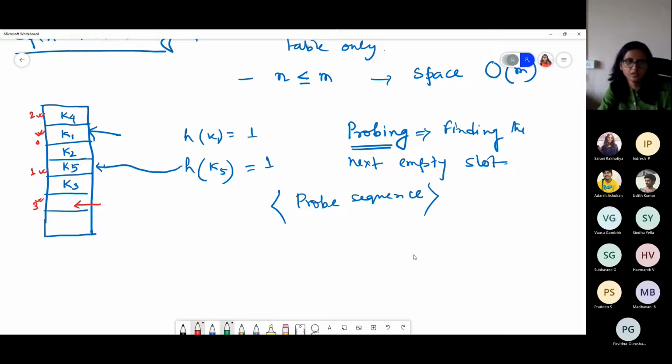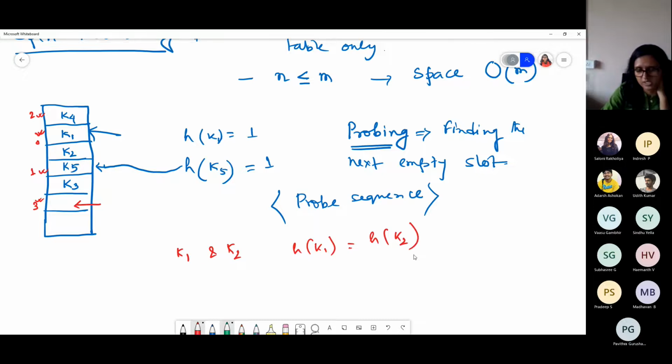Okay. So here, in case of chaining, as you didn't have to find empty slots, we dealt with the same hash function for the same key, right? So if k1 and k2 are not equal and h of k1 and h of k2 are equal, then for chaining it was not a problem, because all the elements were linked to the same slot and a chain will be there.